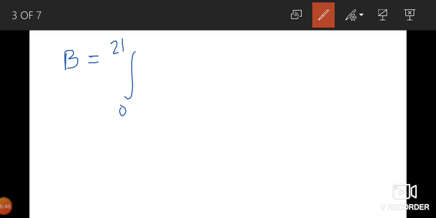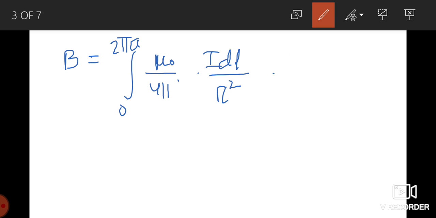So B equals the integration from 0 to 2 pi a of mu 0 by 4 pi, I dl divided by r square, into a by r.